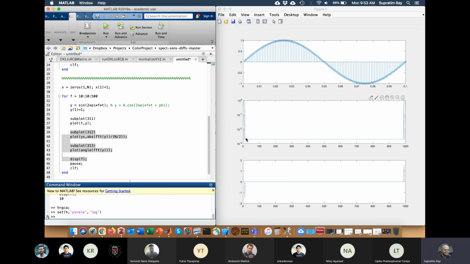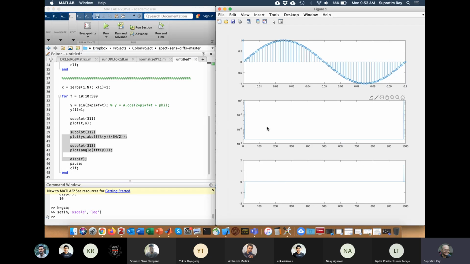So you can see that the values here are not 0. It's a small value, but it's actually 1 in this case. So the sinusoid at 10 hertz has a much larger value.